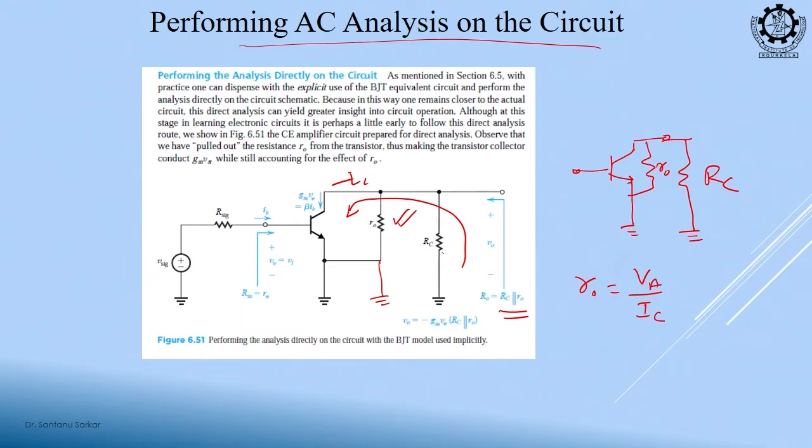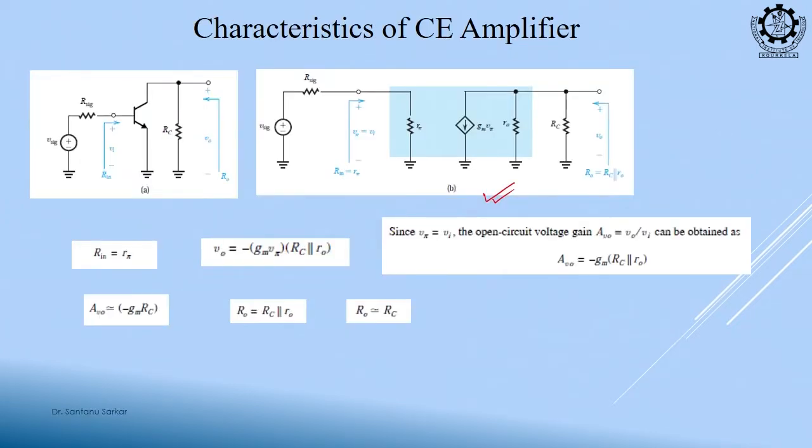If you want to find out what IC is in terms of this, we will consider that between base and emitter there is a resistance R pi. What is the value of R pi? Beta by Gm. This is just drawn here.